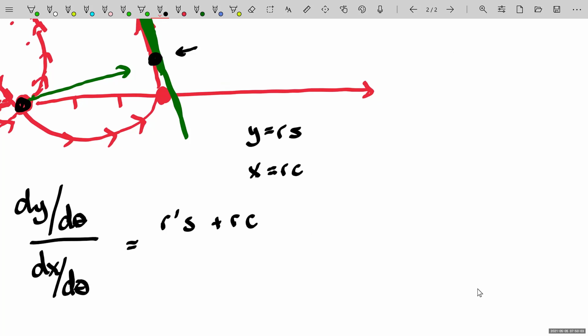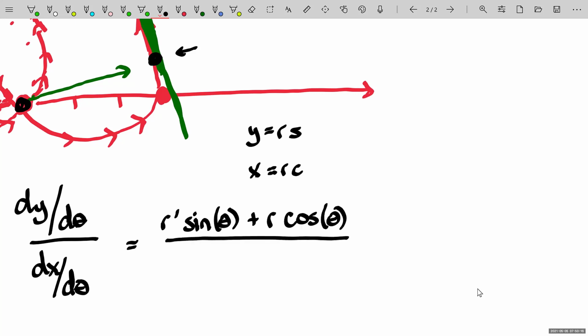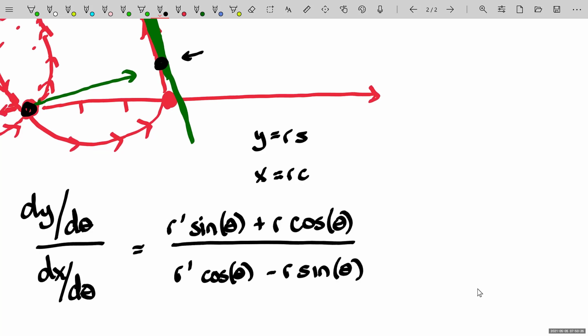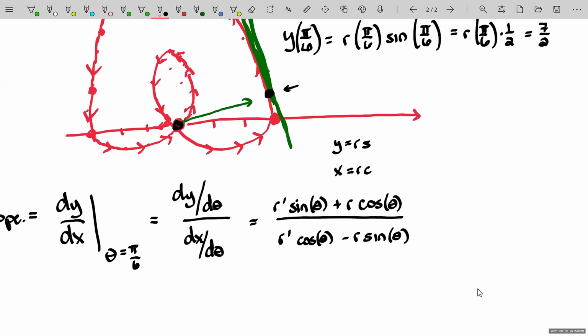Now I should not use my shorthand there. Sorry about that. I'm very habituated to using shorthand. And in the denominator, again, derivative of x with respect to theta, that would be r prime cosine of theta, and then minus r sine of theta because the derivative of the cosine is negative. So if you ever forget that formula, you could derive it that quickly.